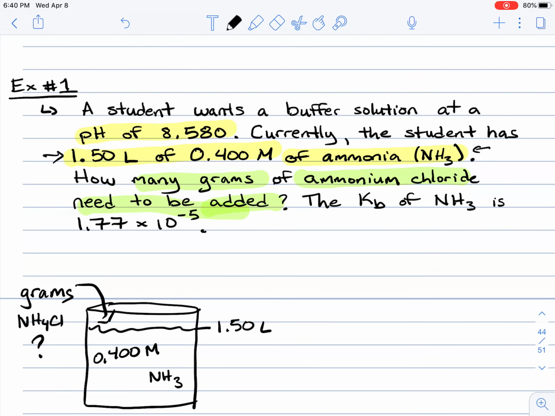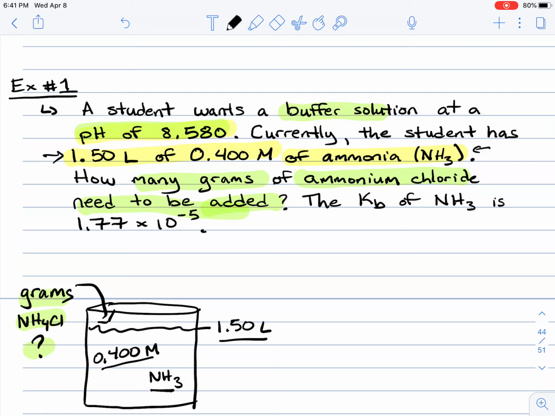Notice I have my concentration, the identity of the substance, and the volume for that solution. And the question is asking how many grams of ammonium chloride we need to add to create a buffer that has a pH of 8.580.